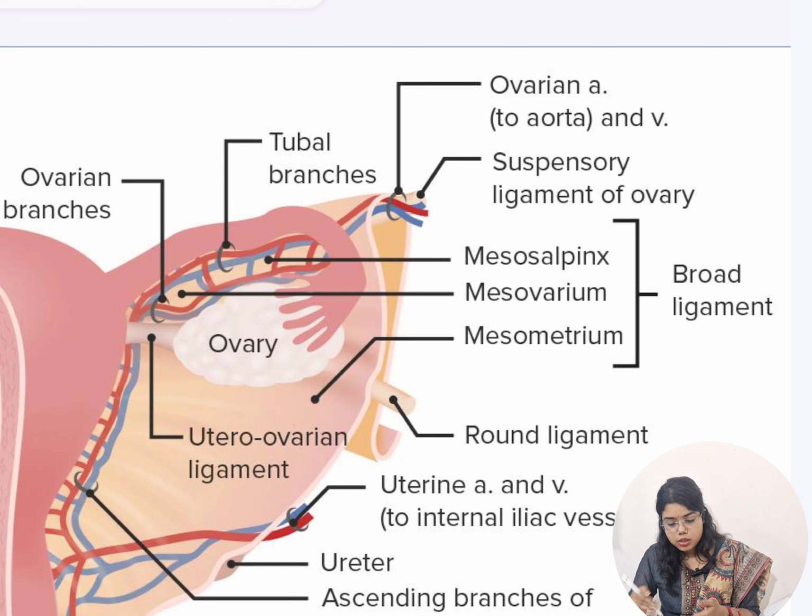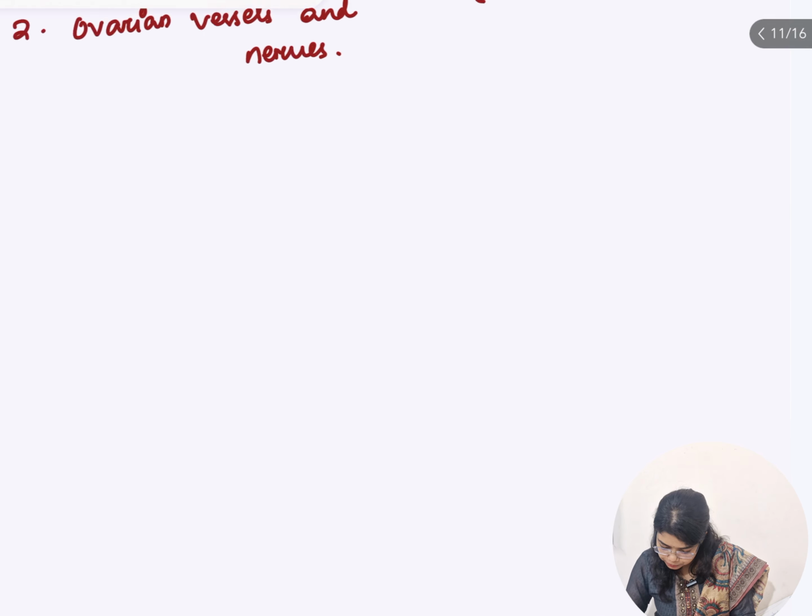And also some part of the ampulla lies posterior and above the ovary. See, if this one is the ovary, then the ampulla lies like this, posterior and above the ovary.